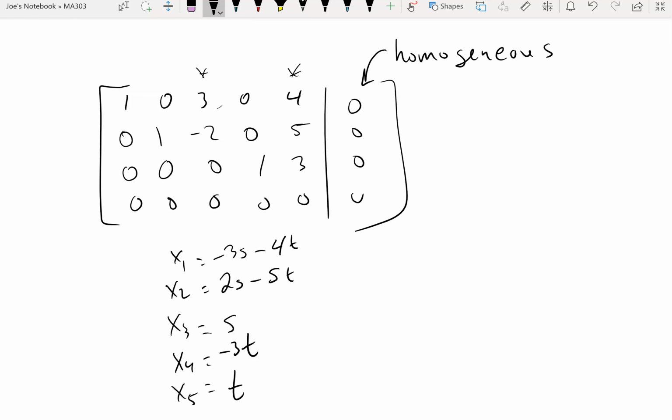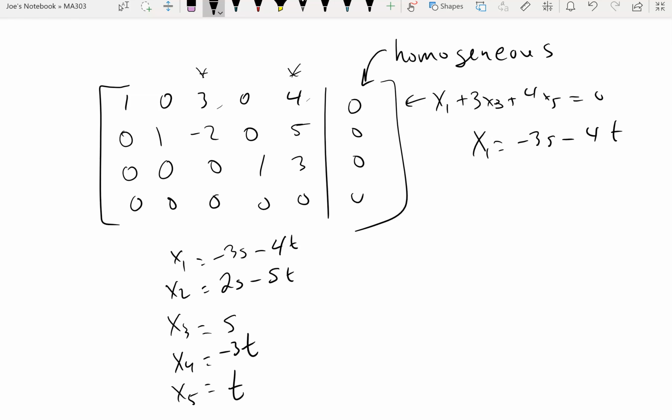So if our x3 here is s and x5 is t, then I would move those to the other side to solve for x1. Because this equation refers to x1 plus 3x3 plus 4x5 equals 0, and I want to solve that for x1 in terms of the other ones.